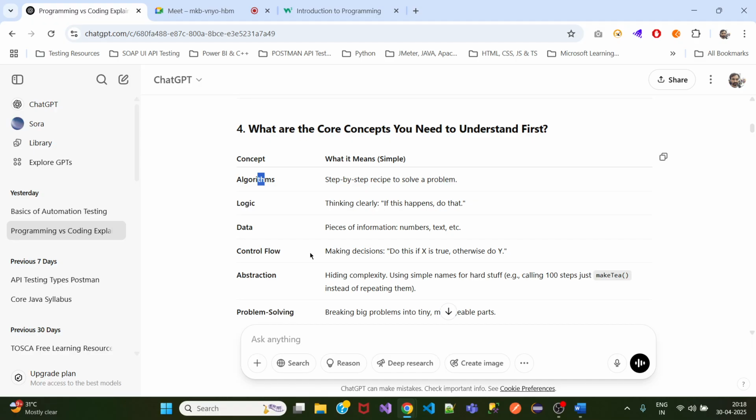And it is not only for this. Algorithms will not be helpful only for Postman API testing. It will be helpful everywhere, wherever you are using automation. Every programming language's syntax, set of rules, or concepts might be different, but the algorithm will be the same for every programming language.